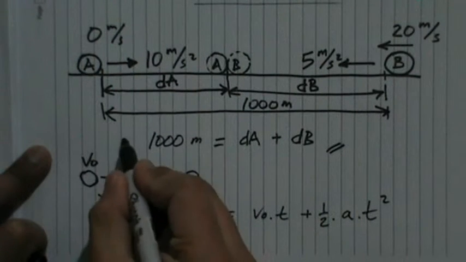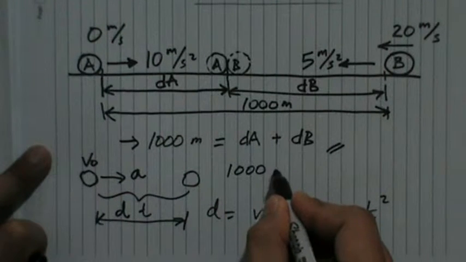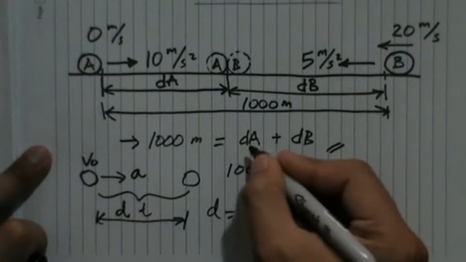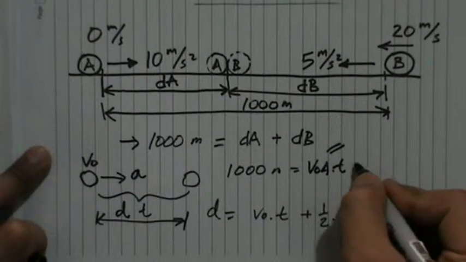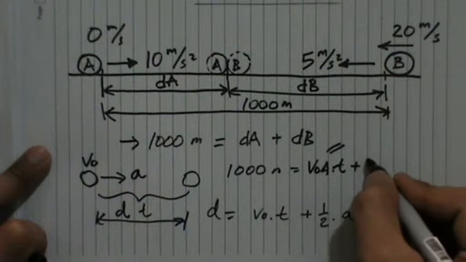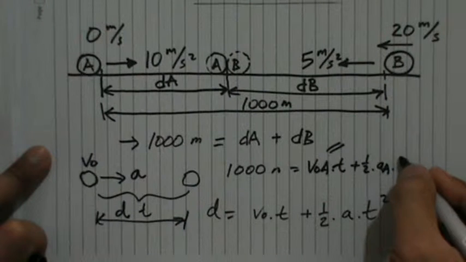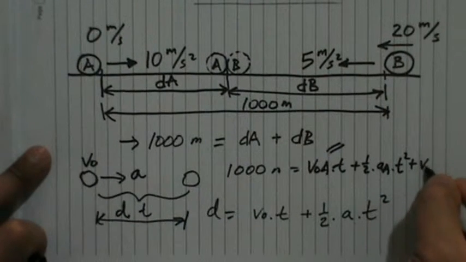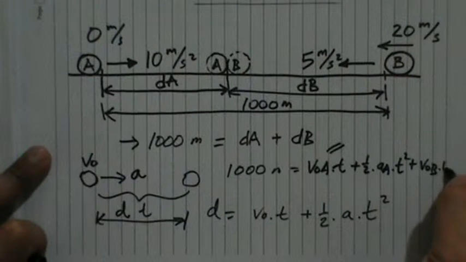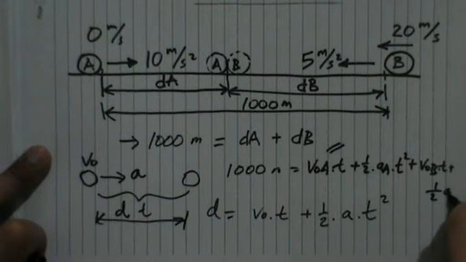So now we can continue that 1000 meters is equal to dA, v0a times t plus 1/2 times acceleration of a times t square plus v0b times t plus 1/2 ab times t square.